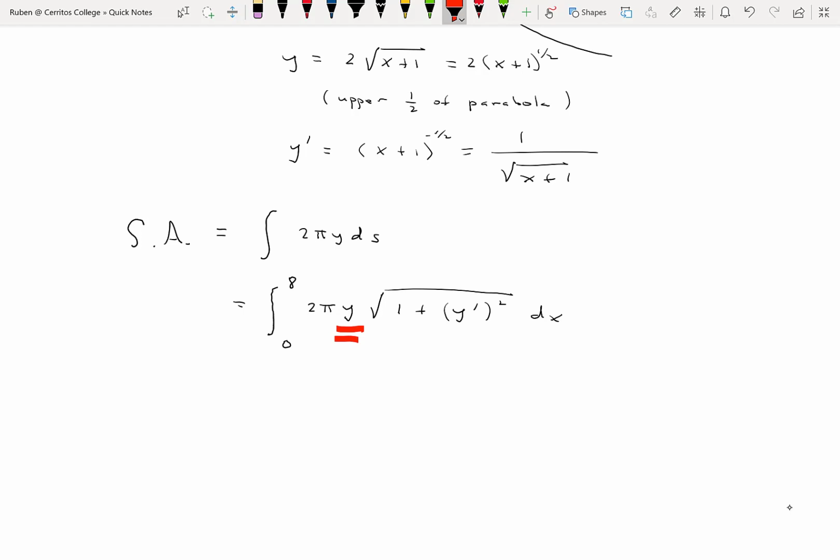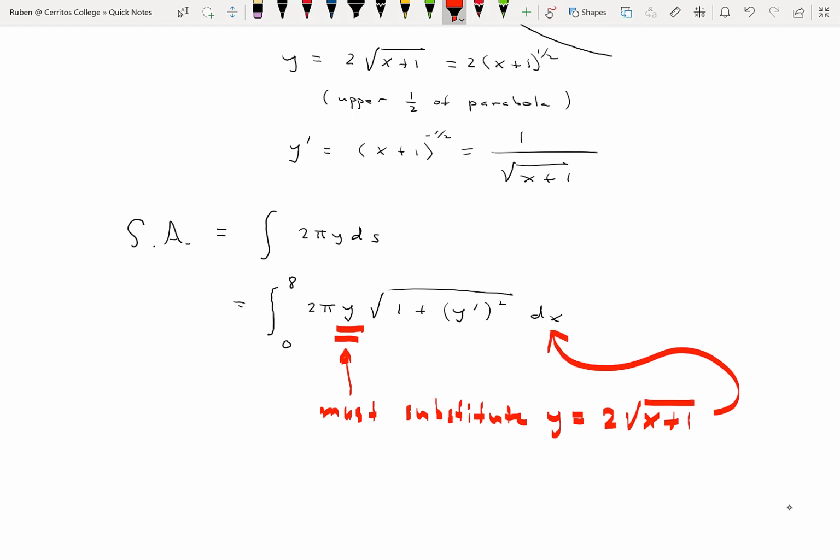I would leave it there and integrate with respect to y. But since I'm choosing to integrate with respect to x, I must substitute our original function, y equals 2 times the square root of x plus 1, because I'm integrating with respect to x. Okay, so let's do that.